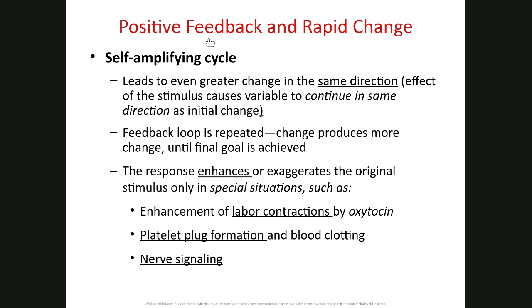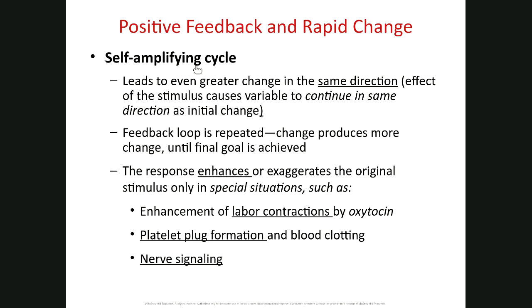Positive feedback is different in the sense that instead of reversing the stimulus or the response that we're having to a certain stimulus, we're going to increase that same response in the same direction. So for example, if you have an increase in the level of a hormone, then you'll continue through positive feedback to have an even greater increase in that hormone.